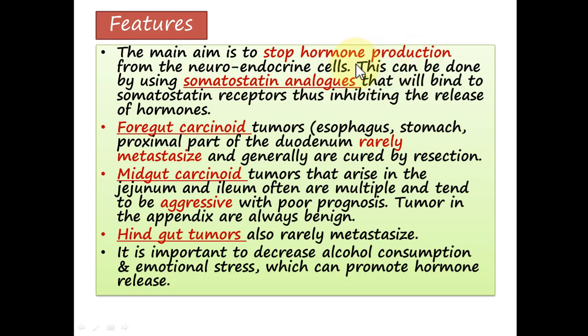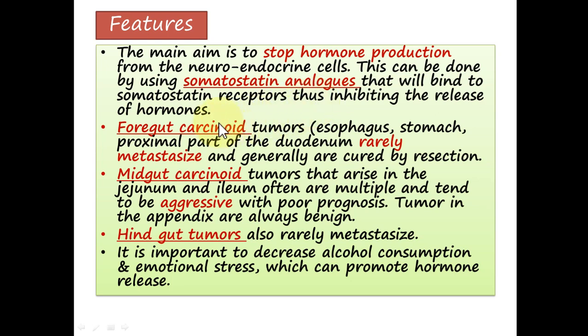As we know that somatostatin inhibits the secretion of the hormones from the neuroendocrine cells, we can use drugs known as somatostatin analogs that have a similar structure to somatostatin, and these drugs will go and bind to the receptors on the neuroendocrine cells, and like somatostatin, they will inhibit the production of hormones and can give relief to the patient.